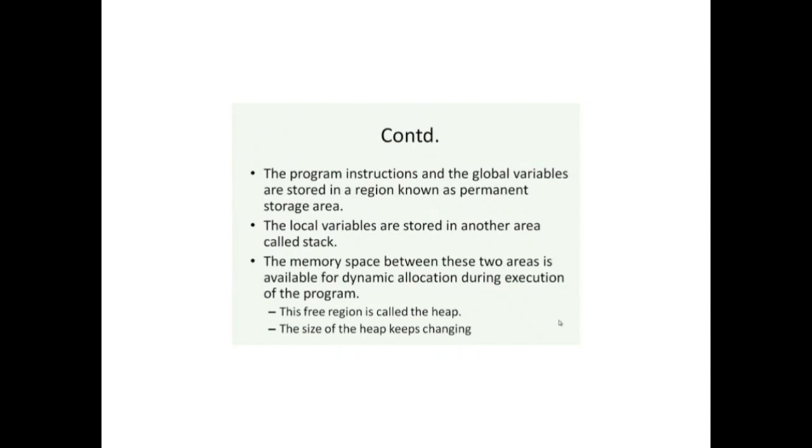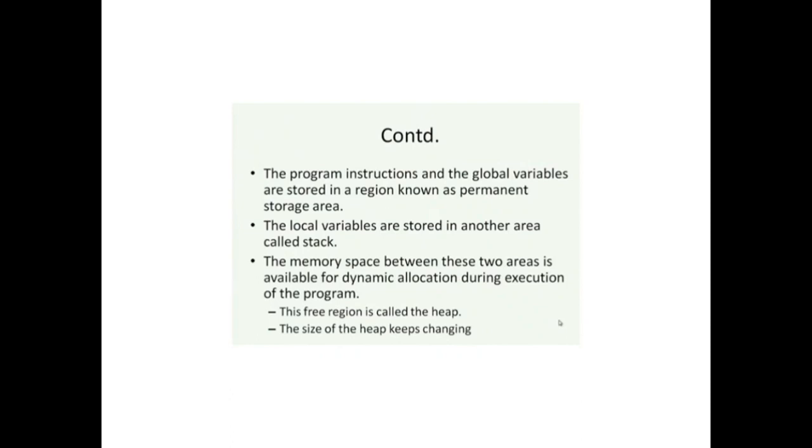The memory space between these two areas is available for dynamic allocation during execution of the program, because this free region keeps on changing in size, and we call it the heap. Suppose you have a very small size of global variables. Here the stack tends to grow as the number of local variables increases in size.